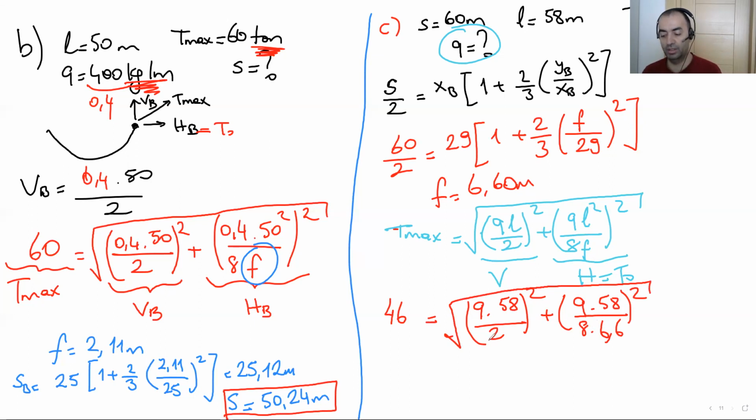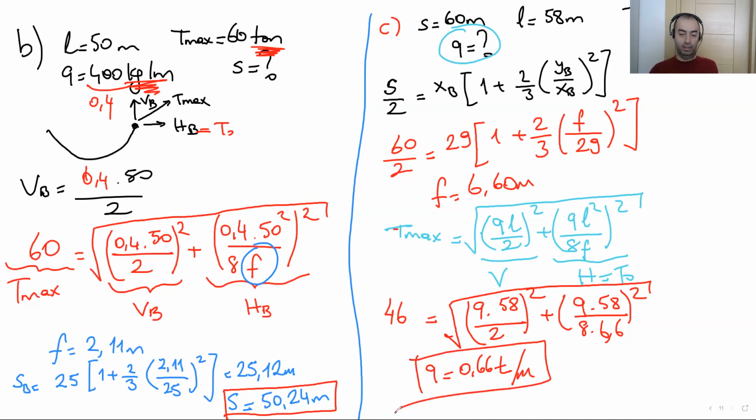Okay, you're going to solve this equation. There's only one unknown, Q. It's easy. If you rearrange this equation, you can solve for Q easily. Q is here. Calculated 0.66 ton per meter.